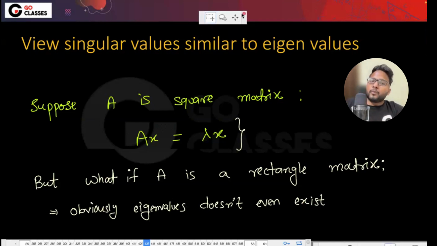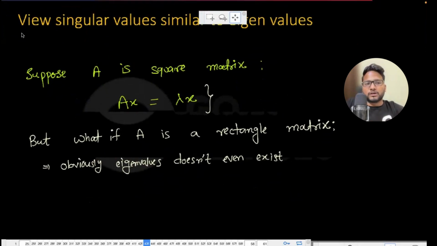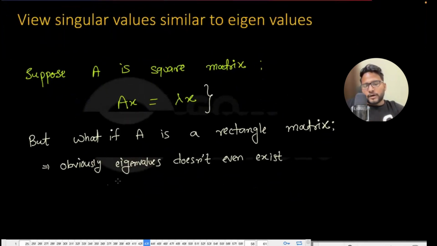But still we want to write something like Ax equals lambda x. Can we do it? What do you think? Yes, actually we can do it, right?